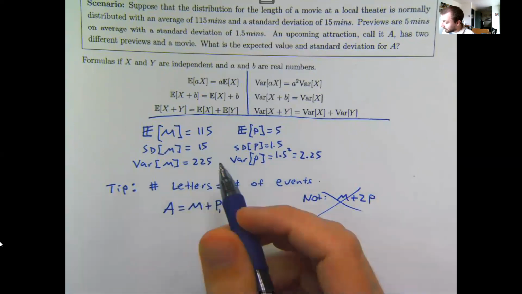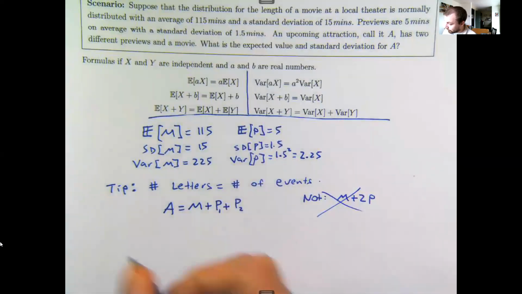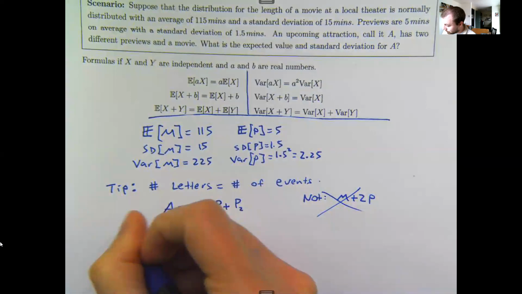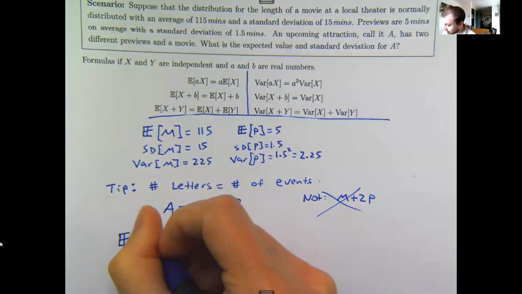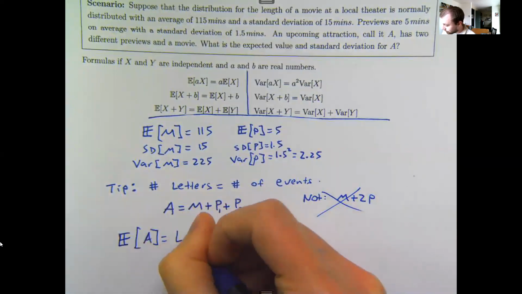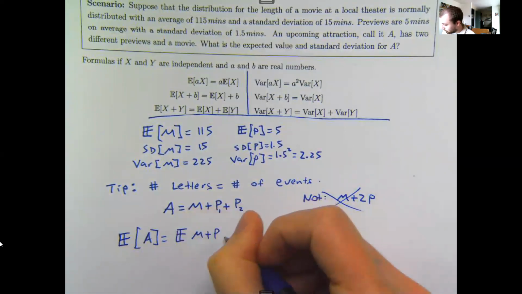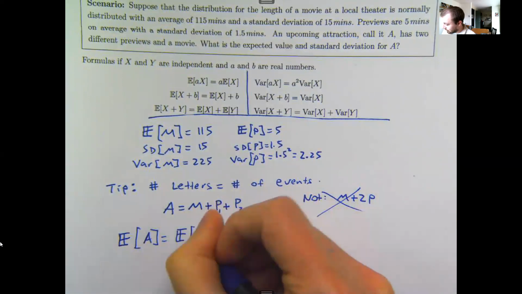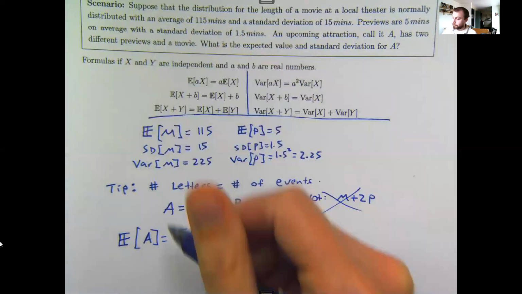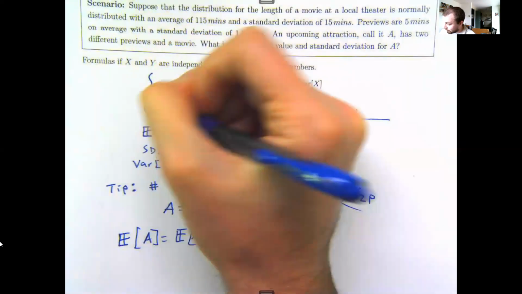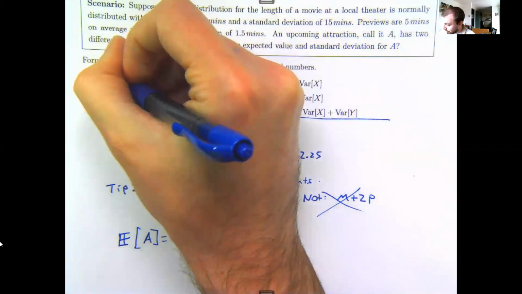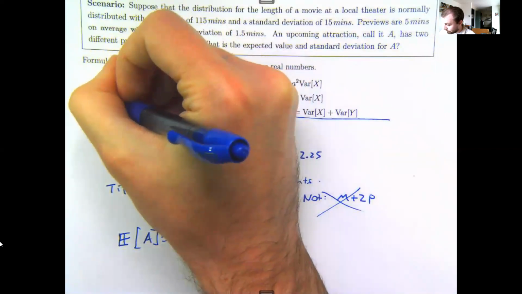So I'm asked to find both the expected value and the standard deviation. Let's start with the expected value, because I think that's the easier of the 2 sets of rules. And my strategy for you here when you're dealing with expected values is just plug in your numbers.